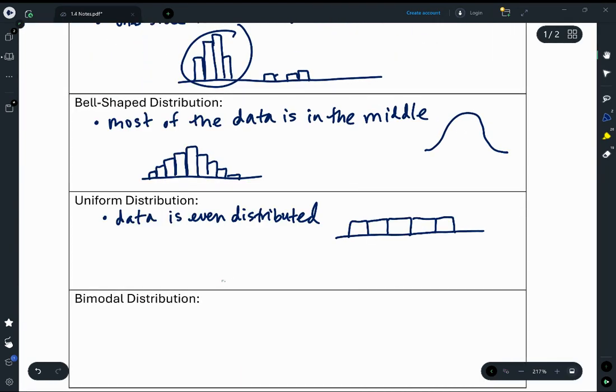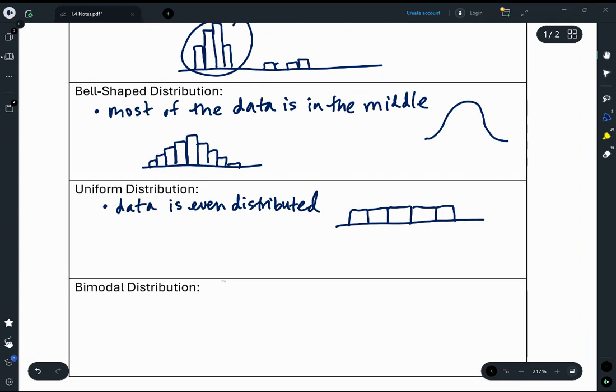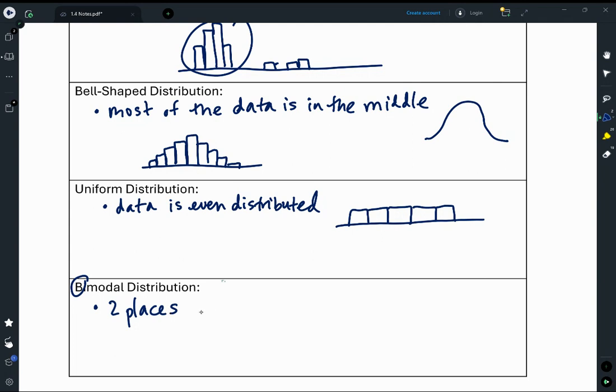Okay, the last kind of graph that we could talk about is bimodal. And a bimodal graph, so remember bi, think about two, think about the word bicycle. So there are two places where data is located. And we don't mean all data, we mean most of the data.